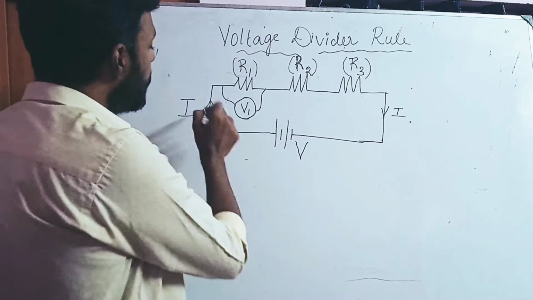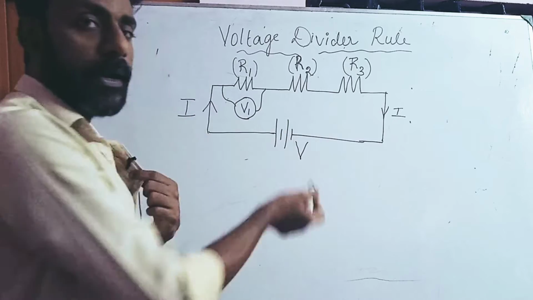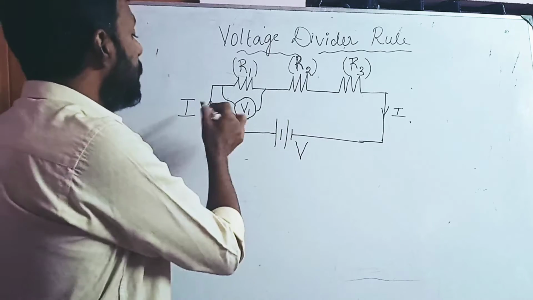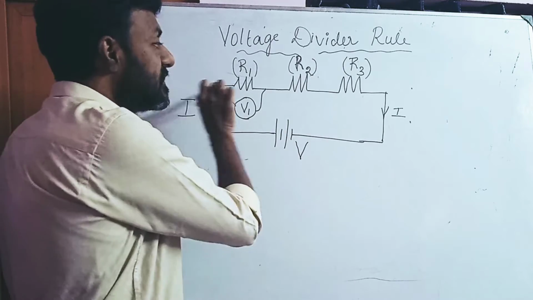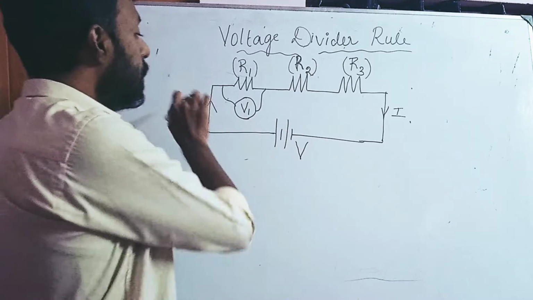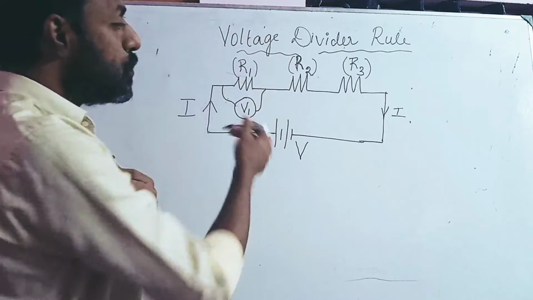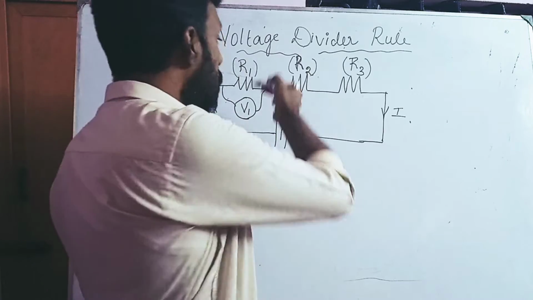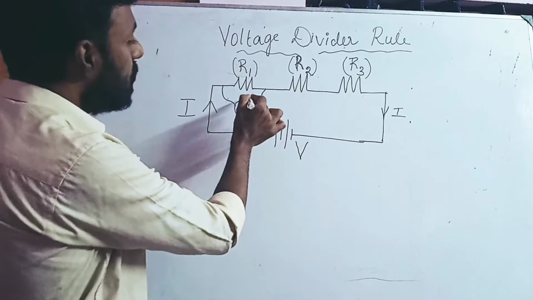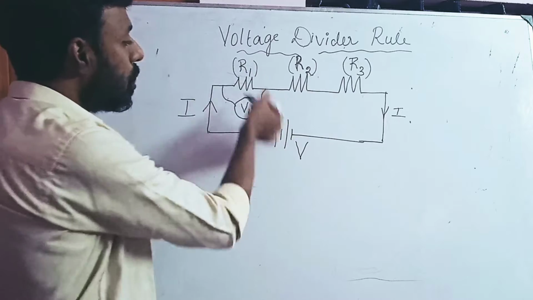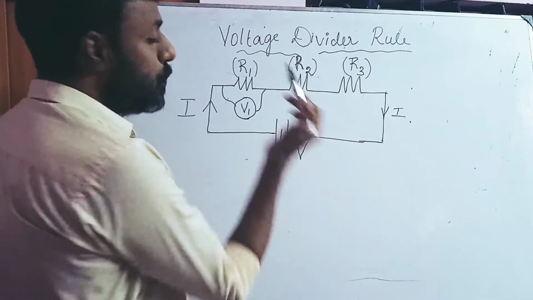For explaining the nature of the current, you need to say that the current passes through the resistor. For current you use the word through, and for voltage you use the word across. So here a voltage is developed across the resistor, which is named V1.